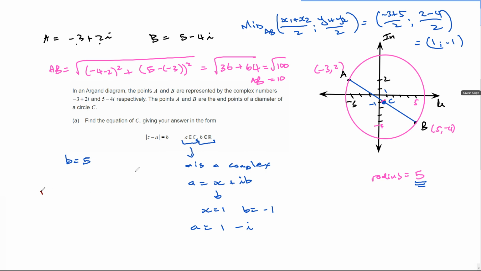We would have the modulus of z minus (1 minus i) is equal to 5. All right, and that would be the equation that we're looking for.